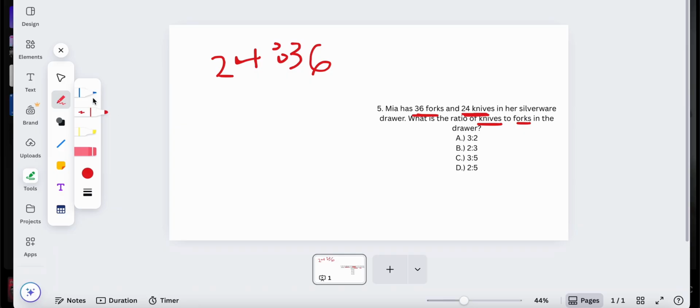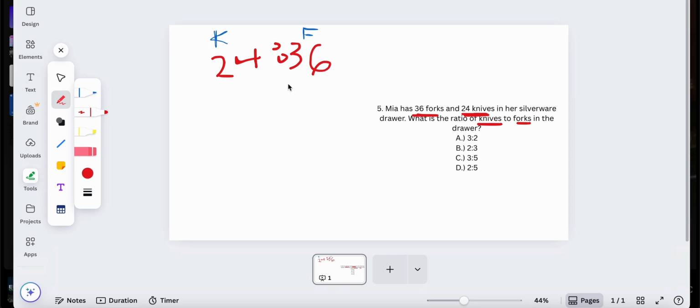We know that this one's knives, and we know that 36 is forks. They're asking for the ratio of knives to forks in the drawer. So we already have it set up as knives to forks.